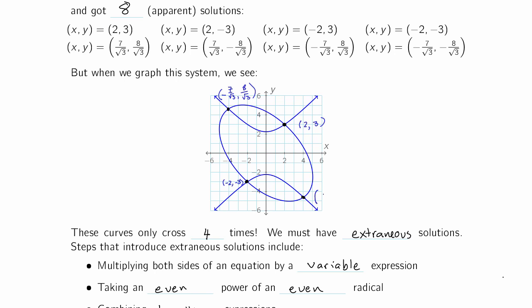And this is plausibly 7 over root 3, negative 8 over root 3. Those are definitely neither one of them nice integer points. So how do we know if we have extraneous solutions? The same way we always did. We go in and we plug them into the original system.